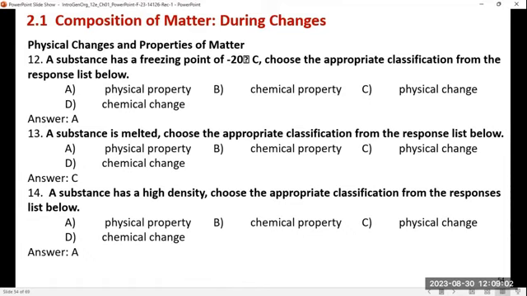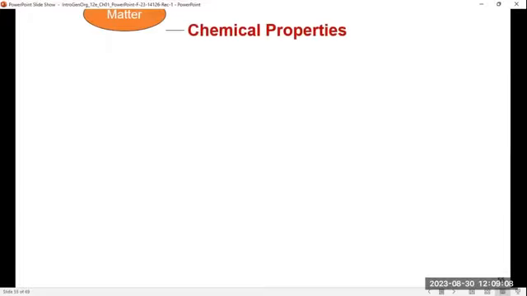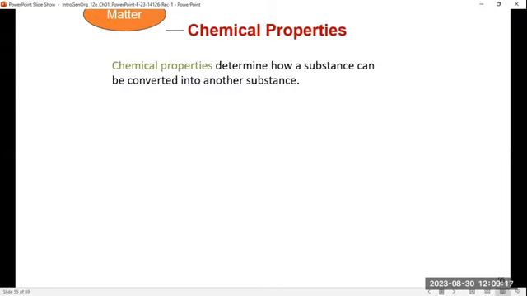Now, on the other hand, chemical properties are also characteristic of substances, either elements or compounds. So reactivities of chemical substances, how they change to a different compound.